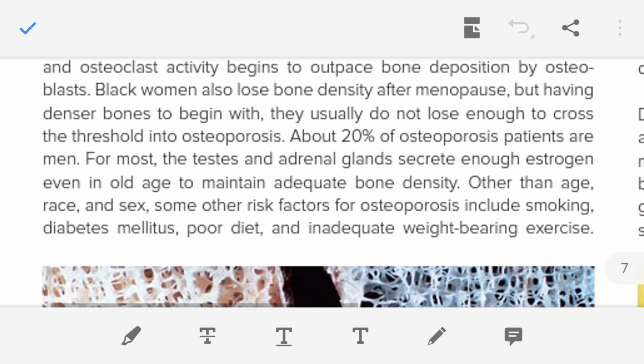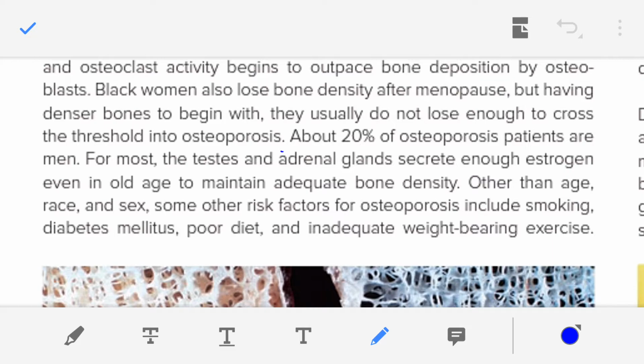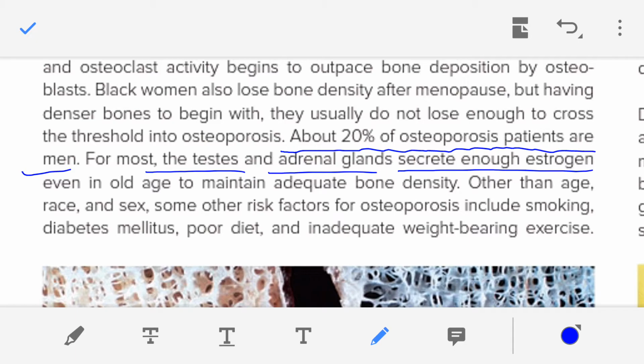Now, about 20% of osteoporosis patients are men. In the case of men, what happens? The testis and adrenal gland secrete enough estrogen in men, and this secretion continues even in old age.